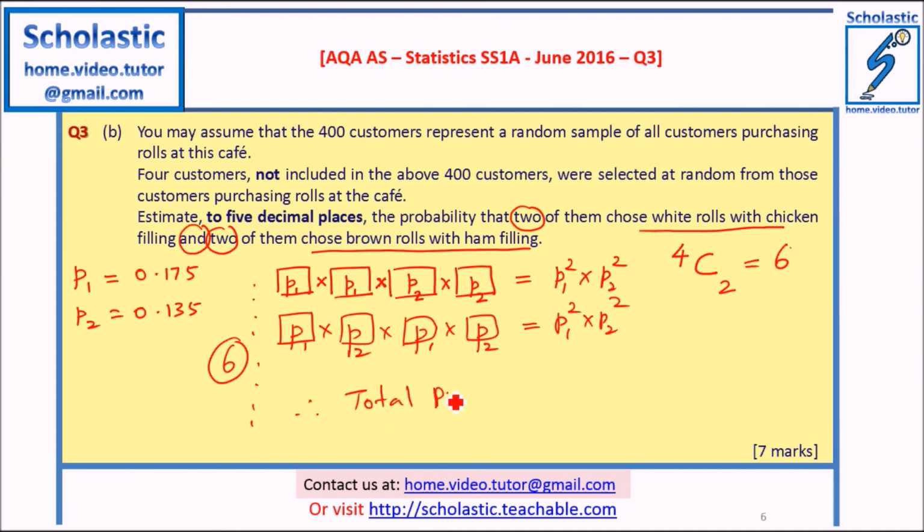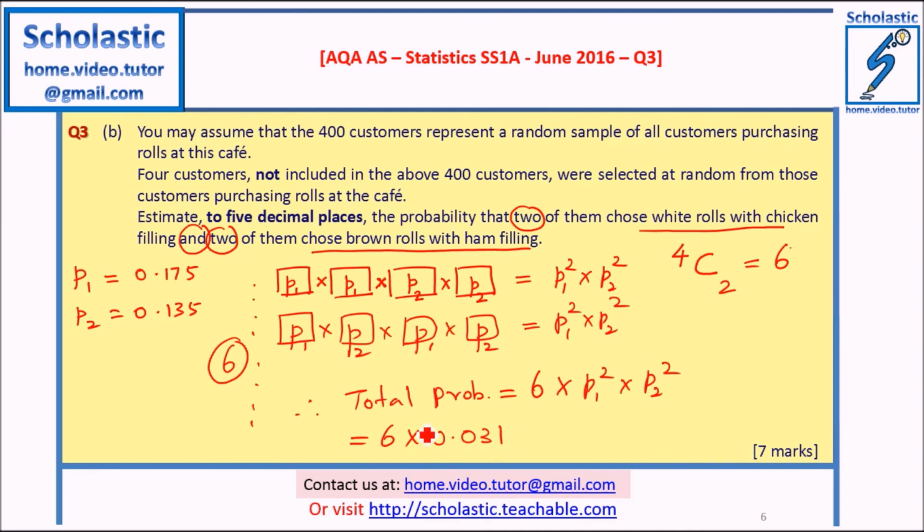So therefore the total probability for this question is equal to 6 times P1 squared times P2 squared. 6 is 4C2. There are 6 different combinations. You have to add all these probabilities to get the final total probability. So if you calculate, P1 squared is equal to 0.031.